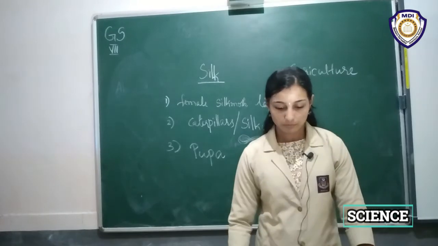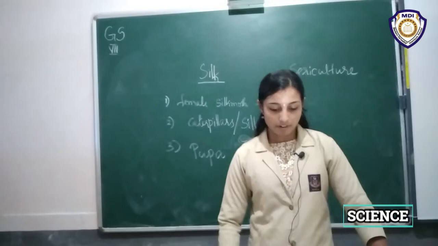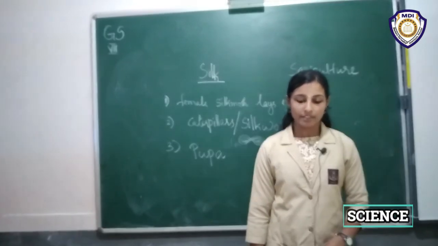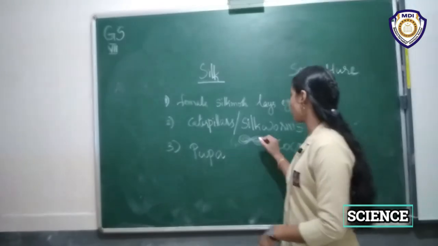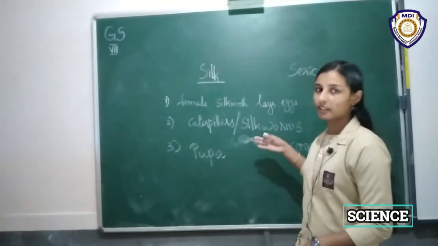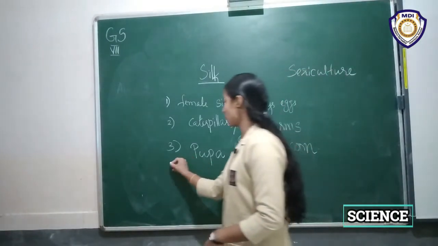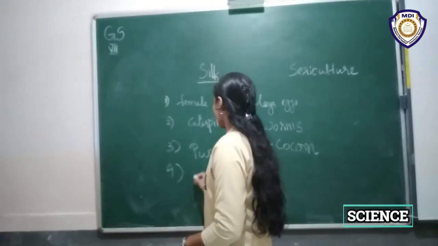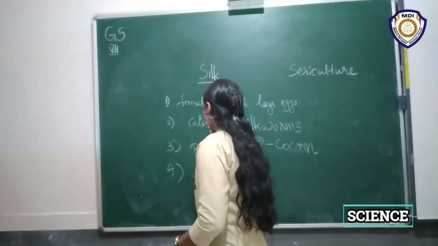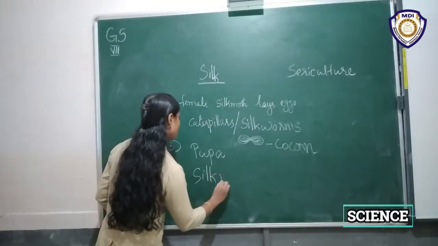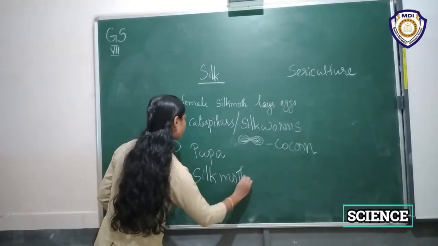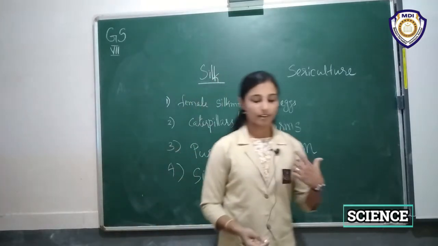The caterpillars or silkworms spin the cocoon, inside which the silk moth develops. That means inside this cocoon there is a pupa, and after that it will develop into an adult silk moth. That is the last final stage.